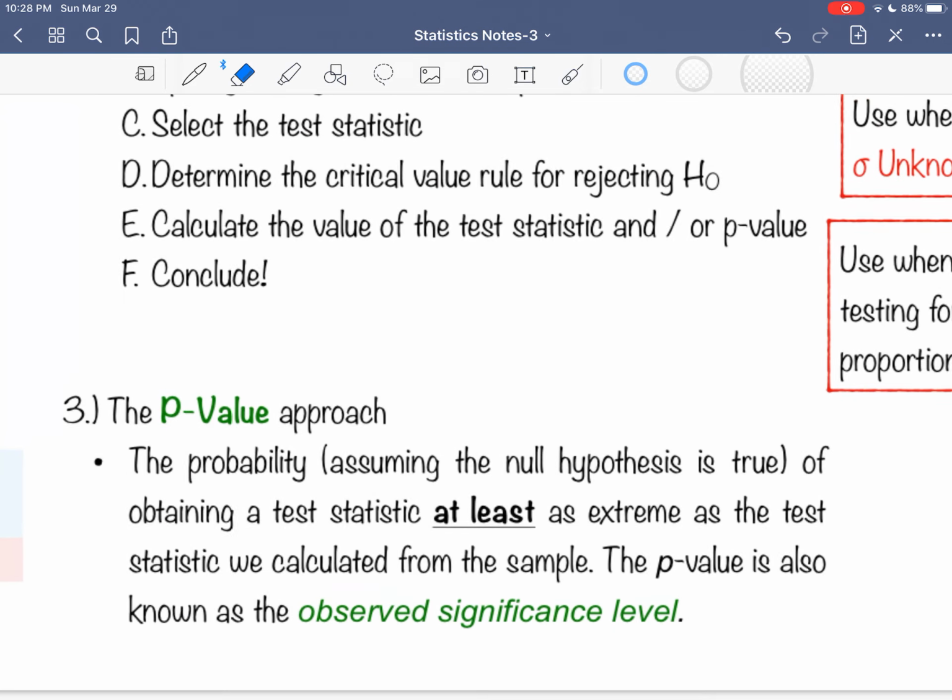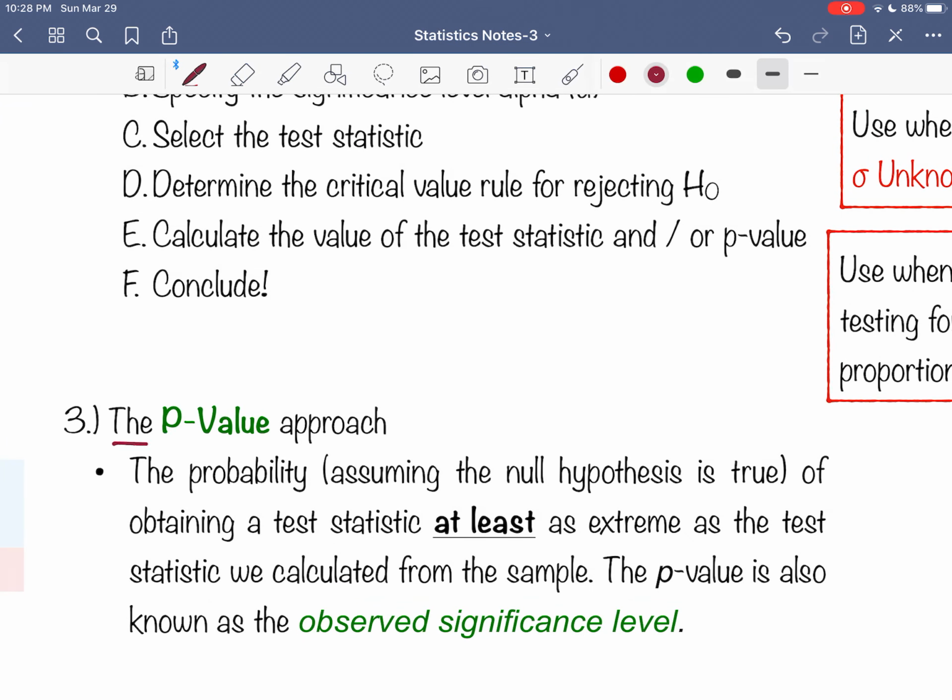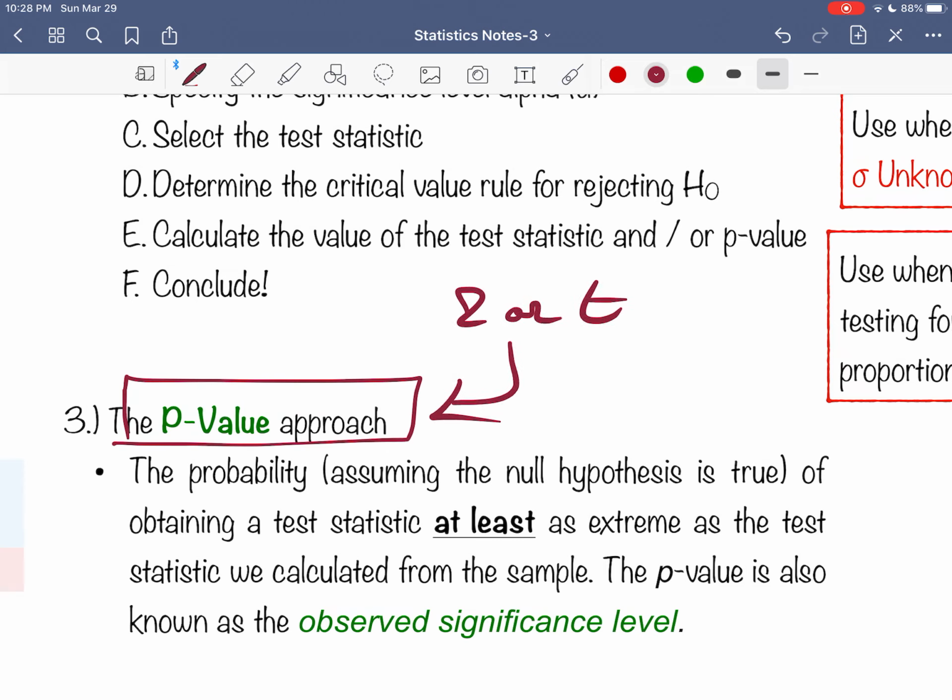Finally, there is what is called a p-value approach. So there are two approaches to solving a hypothesis test, one using Z or T, and another one solving for what is called the p-value. Now, I'll work out one of these problems.